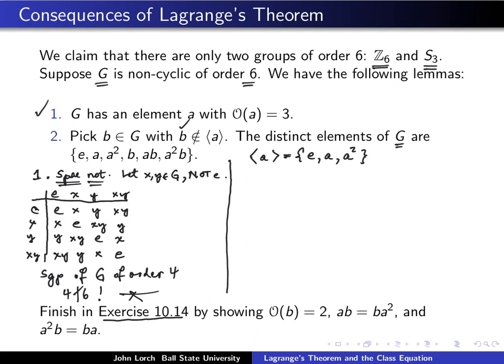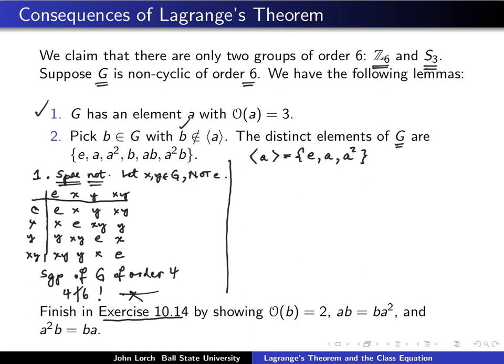And what we're claiming is that this list, E, A, A squared, B, AB, and A squared B, those are the distinct elements of G. So all we need to do is show that they're all different, right? Because we're already told that G has 6 elements.